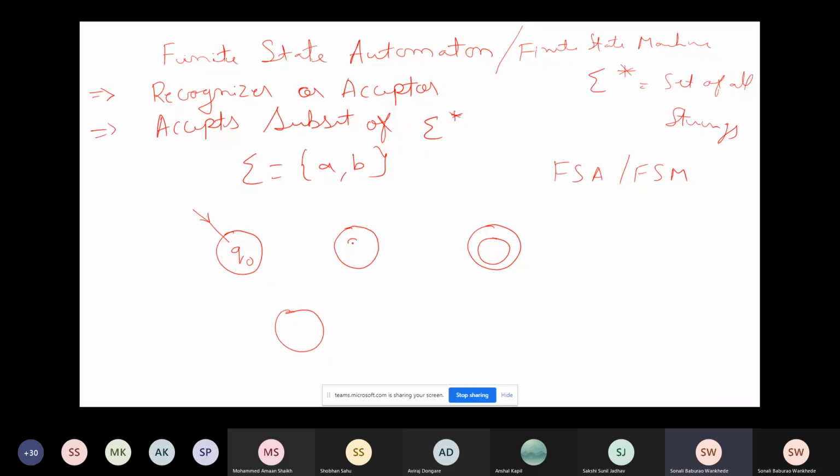Q1, one more state. Q2 is my final state, and I also have one more state D here. Q naught is my initial. I'm also showing the transitions. Okay, this diagram is given to you. Now you have to construct a state transition diagram, or we'll see how that works.